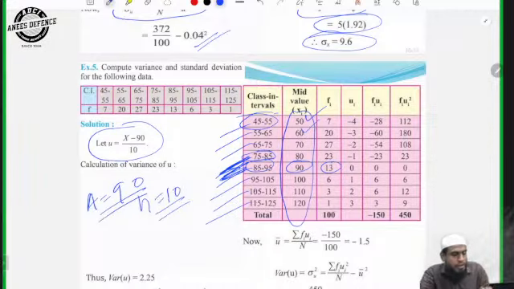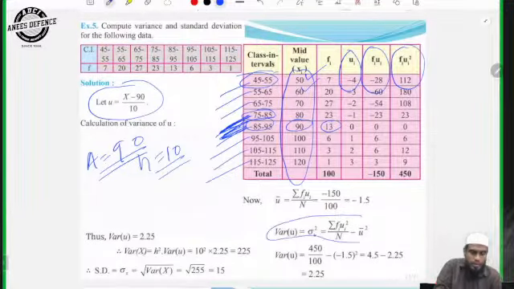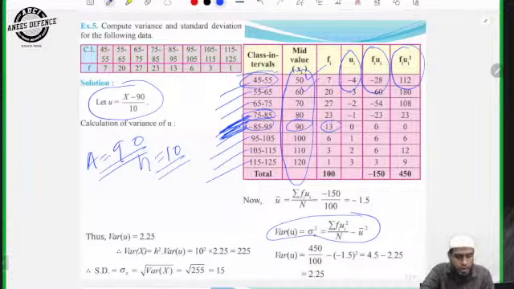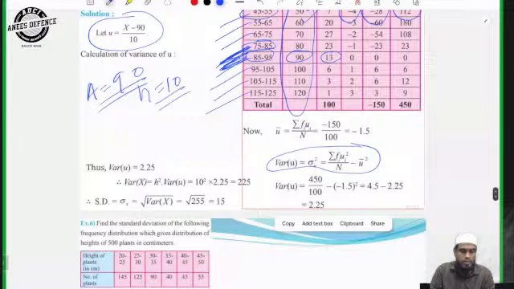So by putting A equal to 90, and the class width is actually 10, because for 45 to 55 the class width is 10 only, the corresponding values of ui, fi ui and fi ui square can be calculated. By using our standard formula, sigma u square is equal to summation of fi ui square divided by n minus u bar square.